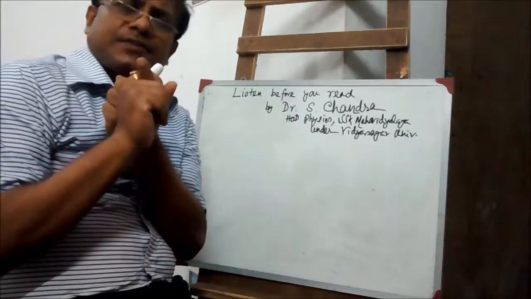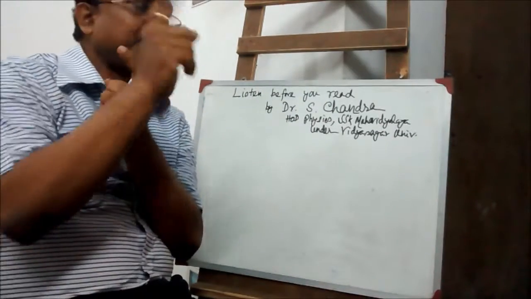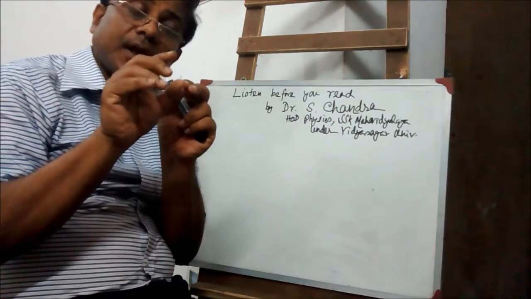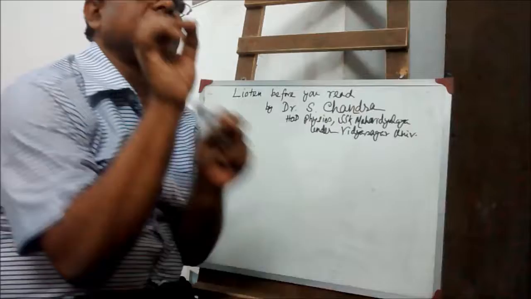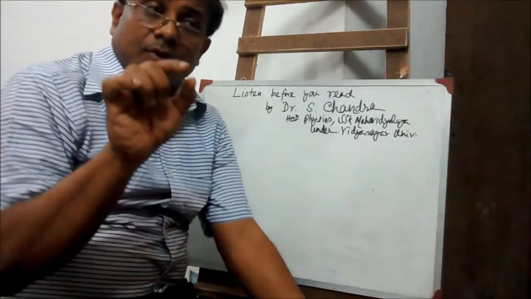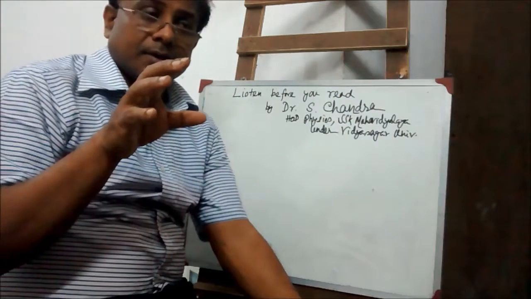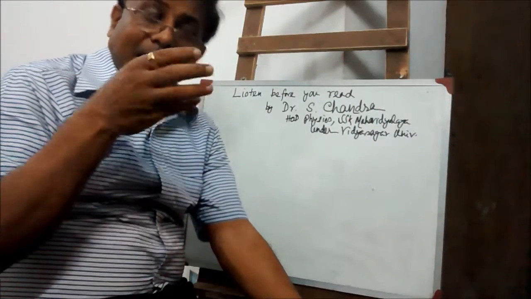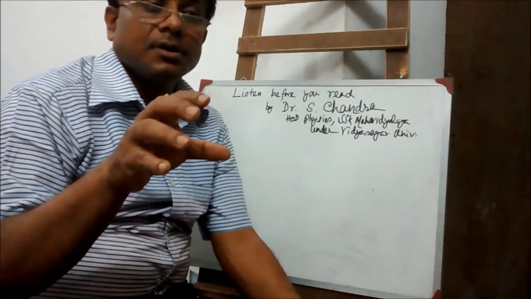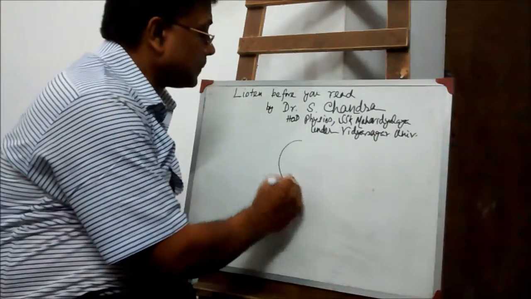But the point is that when an electron is rotating in a particular orbit, it means we are basically locating the electron in an orbit. It means we are pinning down the position of the electron in a particular place. What does it mean actually?